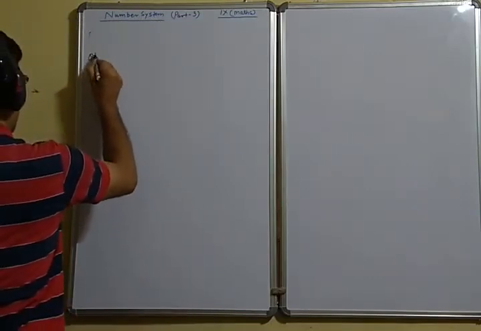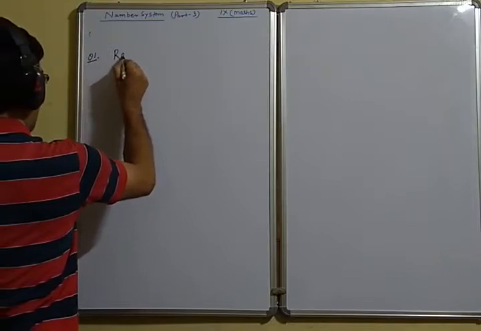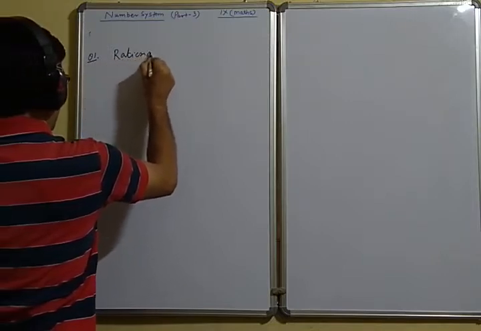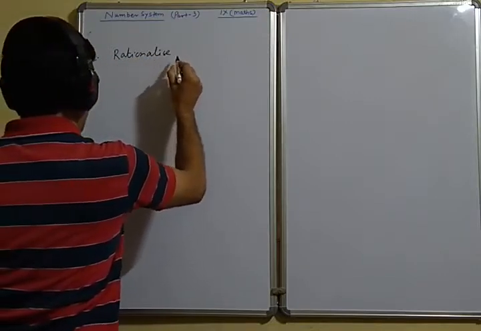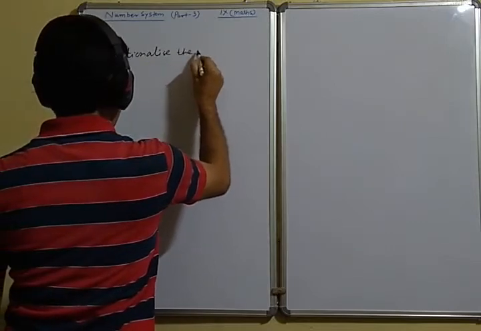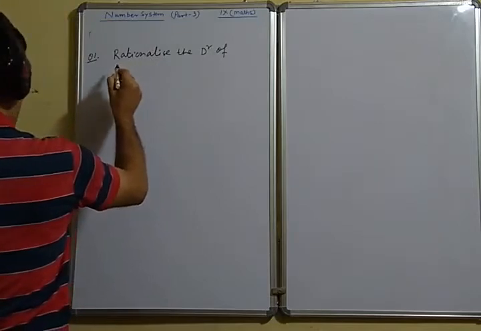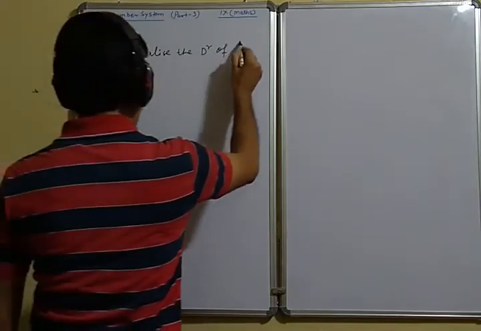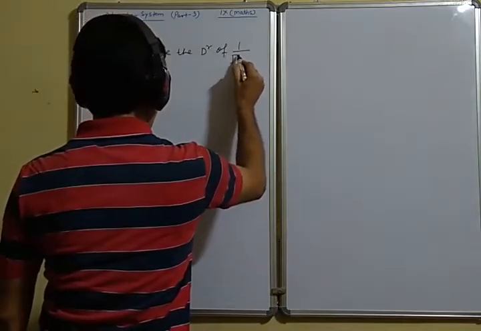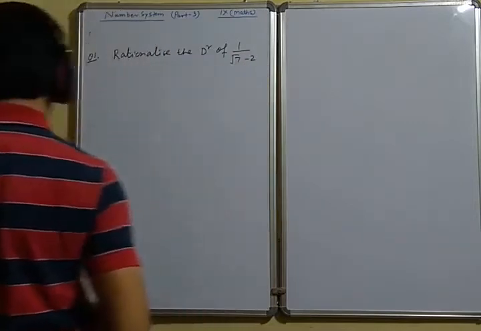Question number 1. Rationalize the denominator of 1 upon root 7 minus 2.